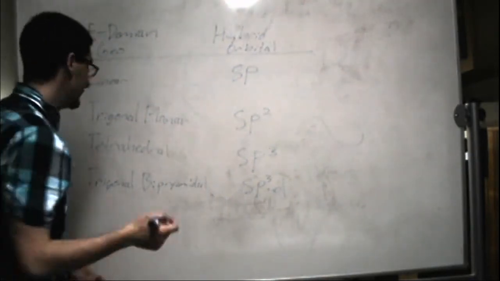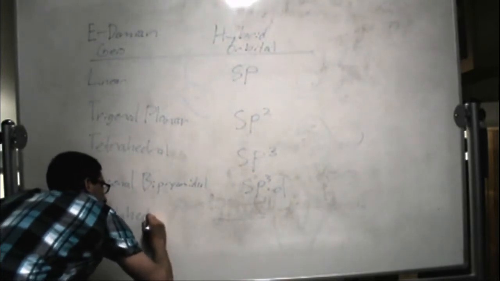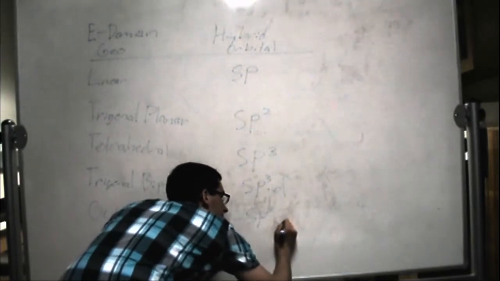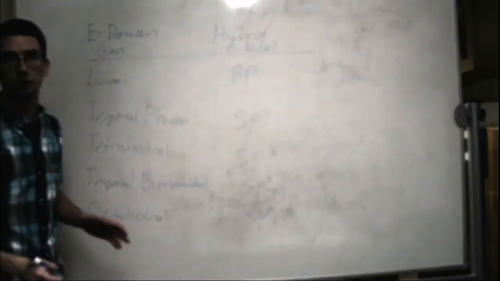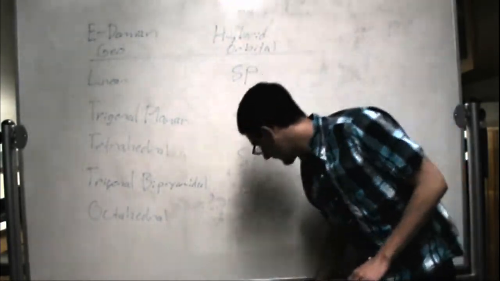Then when we look at octahedral complexes, we can have SP3D2 type orbitals.